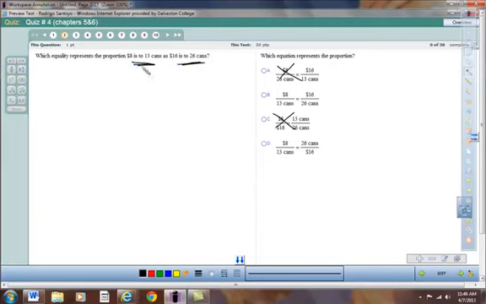If dollars is on the top for this first one, dollars must be on the top for the second one. So it can't be this one because this has dollars on the top and dollars on the bottom. Dollars on top, cans on the bottom, dollars on top, cans on the bottom: 8 to 13, 16 to 26. So this here is our answer.